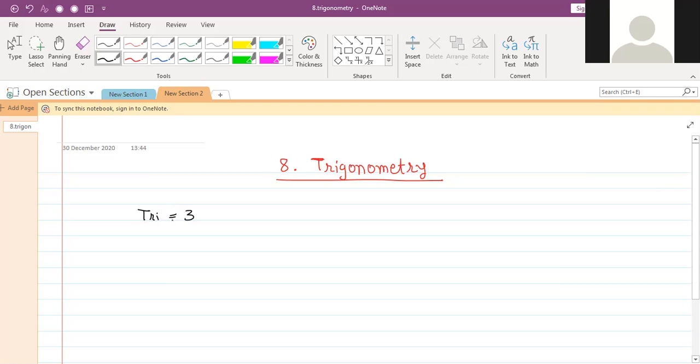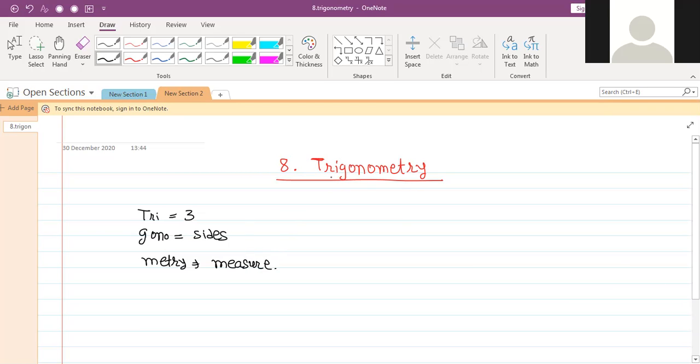Gon means sides. And metry comes from the word measure. So the meaning of this word is three side measure.